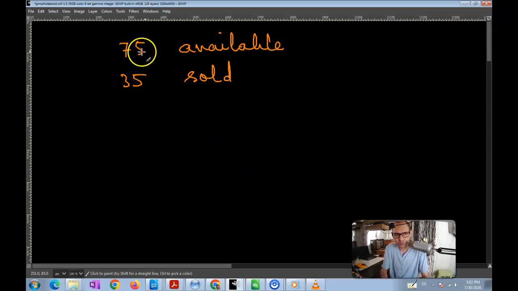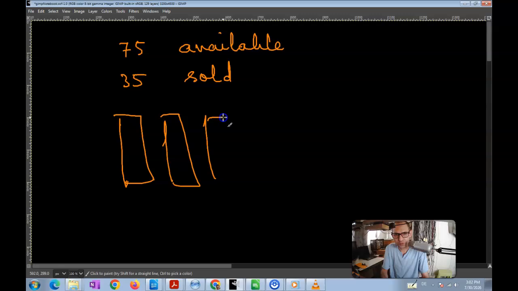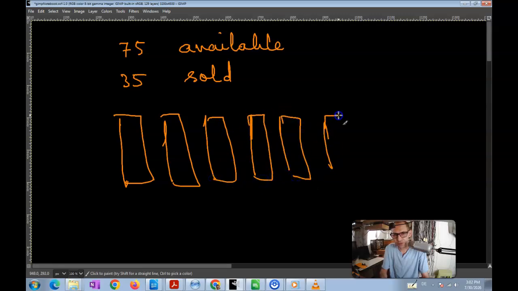So 75 diyas would be 1, 2, 3, 4, 5, 6, 7 groups of ten, and then 1, 2, 3, 4 and 5. That's a 75, right?